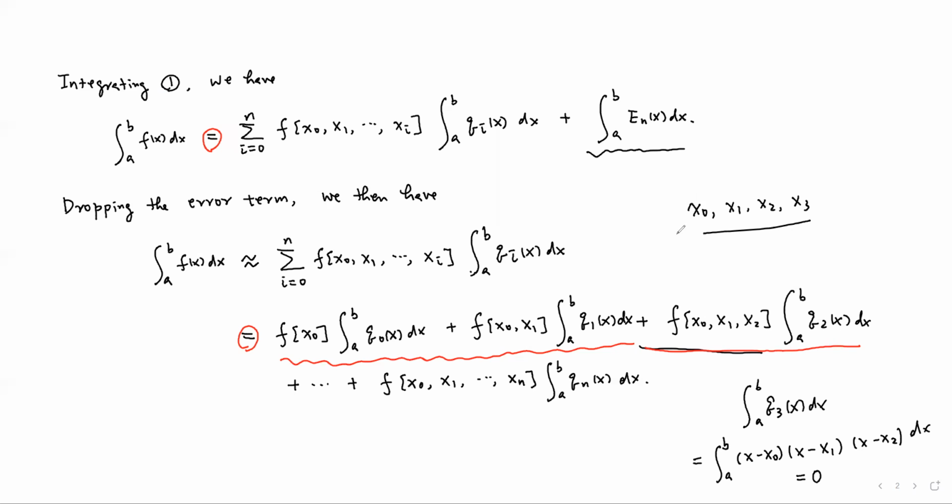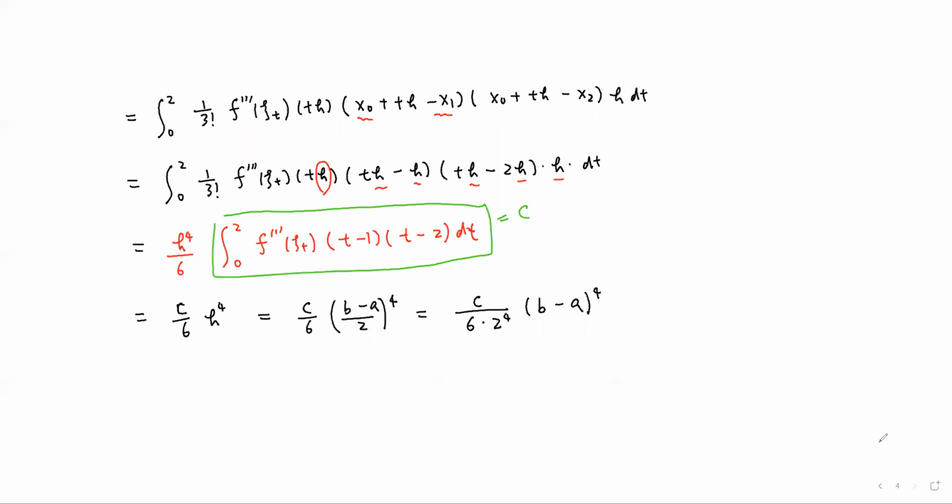Then if I use four roots, I will have a new error term, and the power here is 5, not 4. So the error actually is improved.